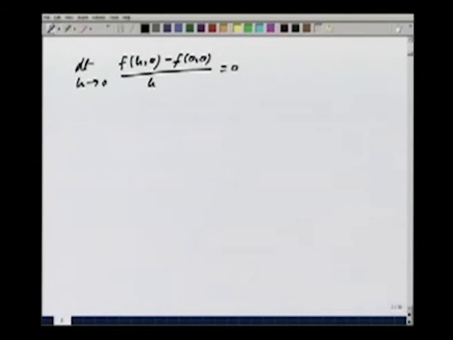So is f of (0, 0). So this quotient is always 0. Hence the limit is also 0. Similarly, the limit as h goes to 0 of f of (0, h) minus f of (0, 0), divided by h, is also 0, because f of (0, h) is 0, and so is f of (0, 0).